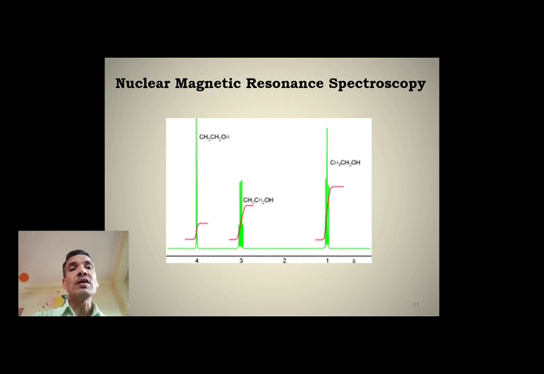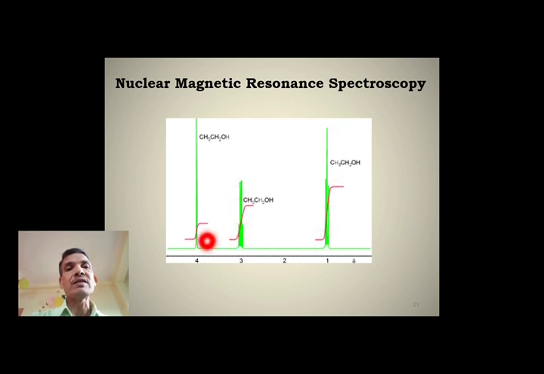If you see the structure of the ethanol molecule, CH3 is attached to CH2, and CH2 is attached to the hydroxyl group. That means here we have OH, CH2 and CH3. In the ethanol molecule, 3 signals appear in the NMR spectrum.